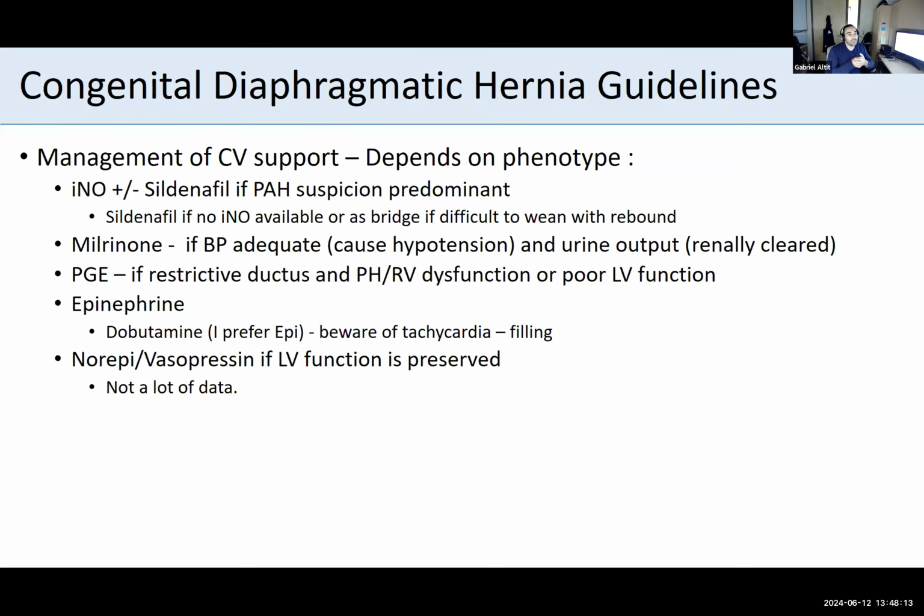And then finally, we have agents like PGE, which could be interesting if you have a restrictive duct, especially in the context of RV dysfunction or LV dysfunction, to maintain output to the system. And more, we know from the literature of precapillary pulmonary hypertension that agents like vasopressin and norepi can be used to favor the systemic to pulmonary ratio.